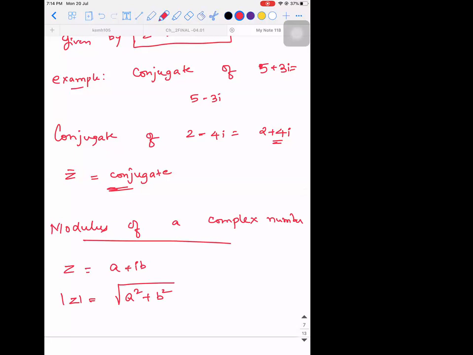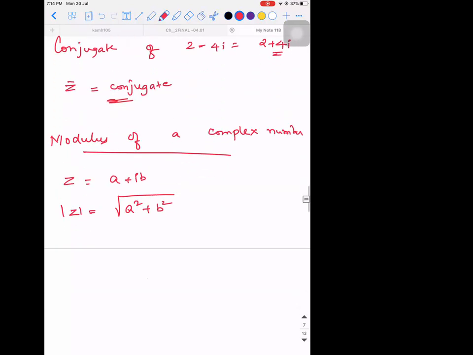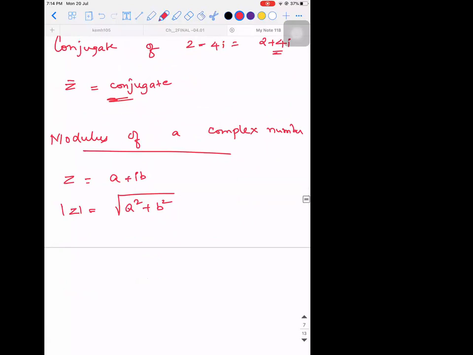Don't write it as only a square plus b square. Similarly, an important point to be noted is a complex number multiplied with the conjugate of the complex number is equal to the modulus of z square. Got it?